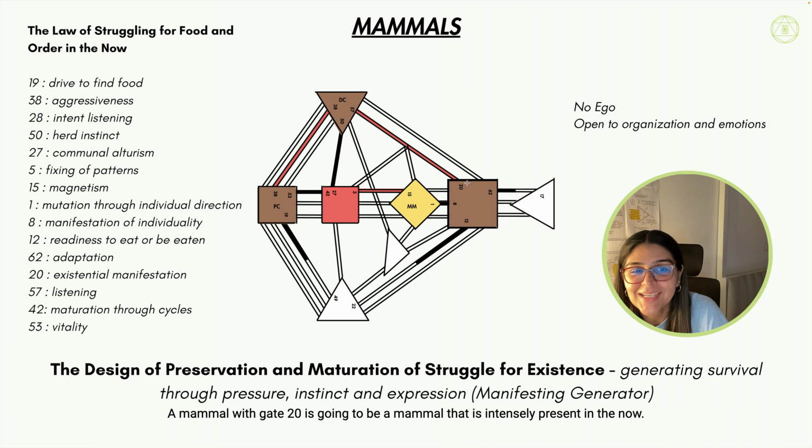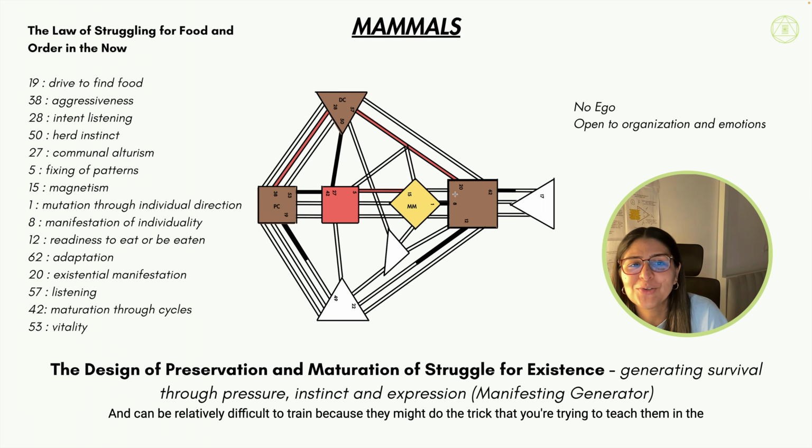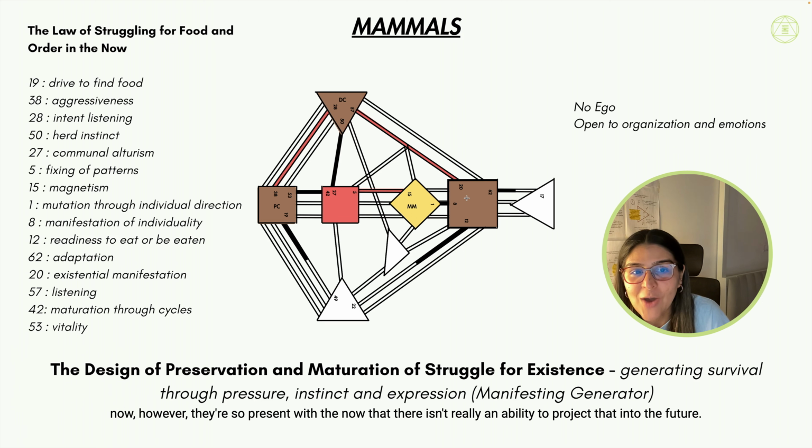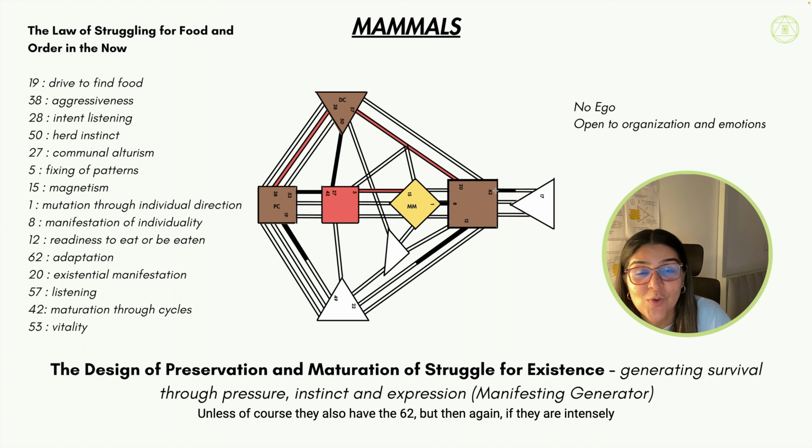A mammal with gate 20 is going to be a mammal that is intensely present in the now and can be relatively difficult to train because they might do the trick that you're trying to teach them in the now. However, they're so present with the now that there isn't really an ability to project that into the future, unless, of course, they also have the 62.